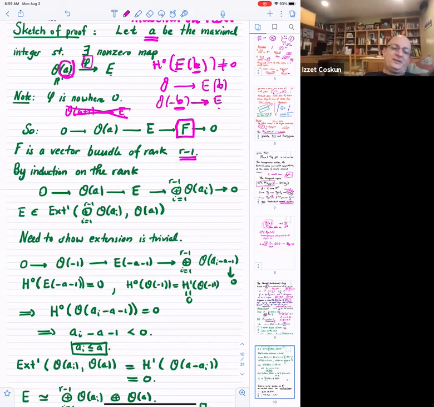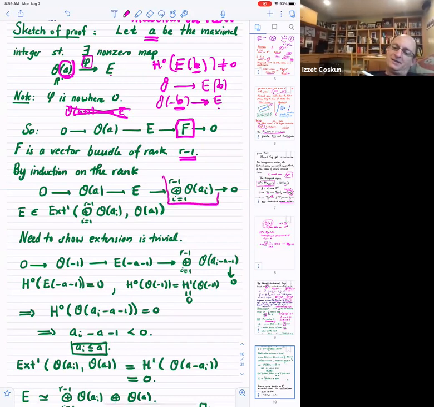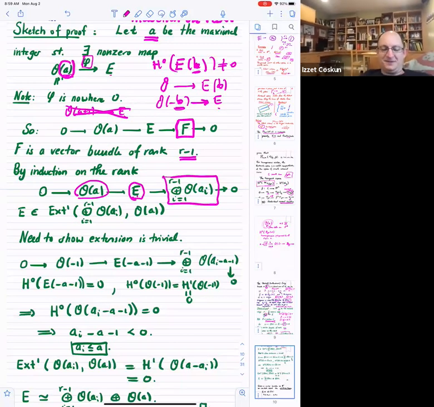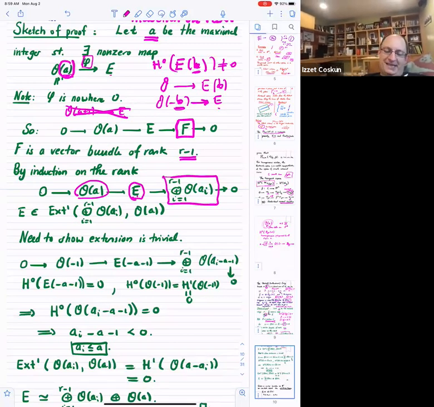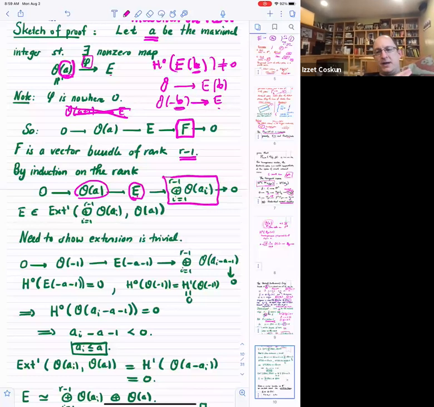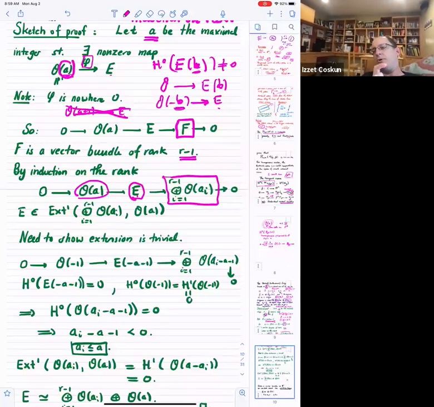And now you see you can do induction. Suppose that up to rank R minus 1, I knew that this thing splits into a direct sum of line bundles. So then I put my E in this exact sequence like this. I have this O of A mapping to E, mapping to this F, which is some direct sum of line bundles. This, of course, doesn't yet show that E itself is a direct sum of line bundles because you can have non-trivial extensions a priori, right?